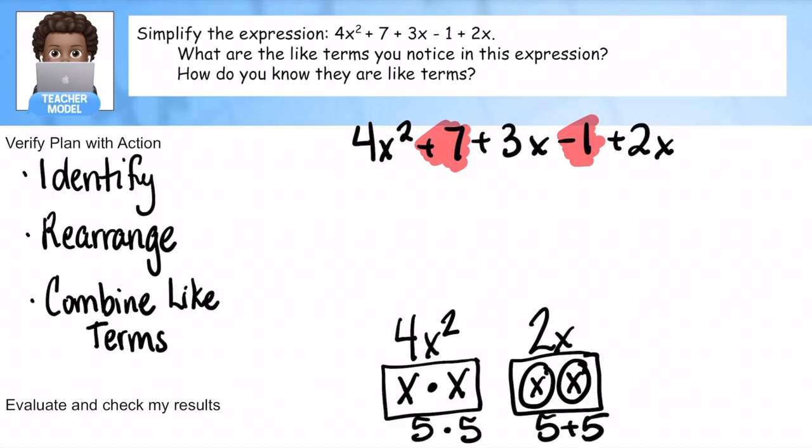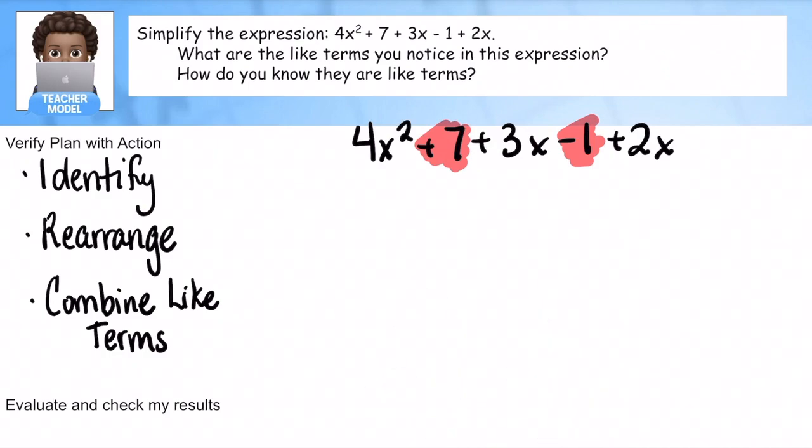And because of that difference, because exponents are different than just having the x term, we cannot call them like terms. So when I do this problem, I'm going to have these as the same, 3x and 2x, but 4x squared is not the same. It has to be different. So I now have 3 different sets of like terms.